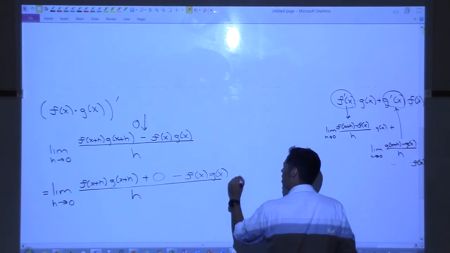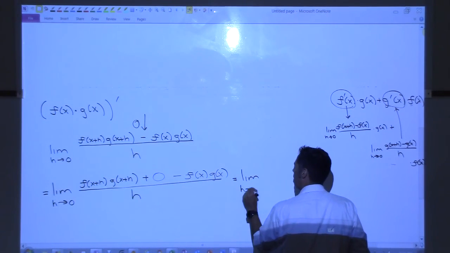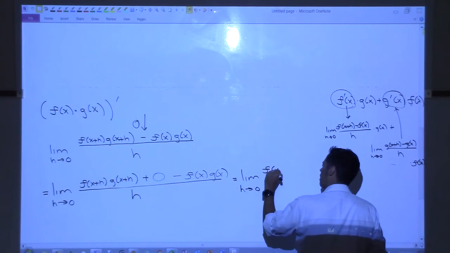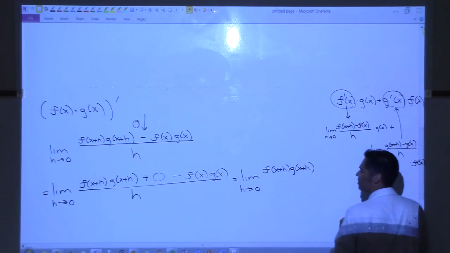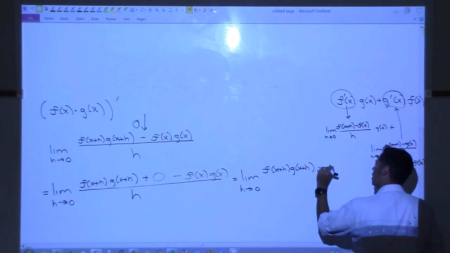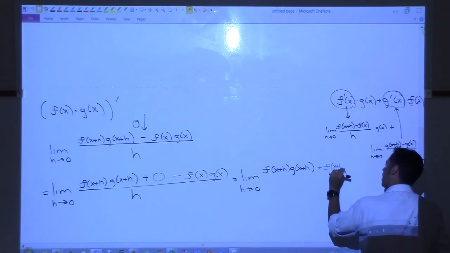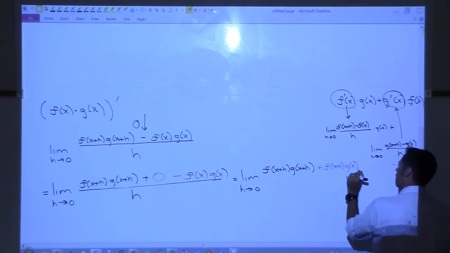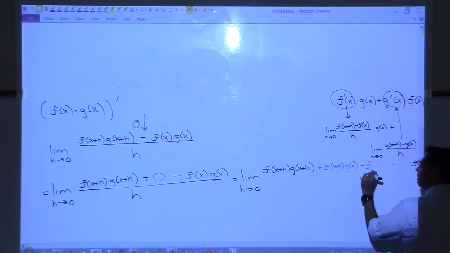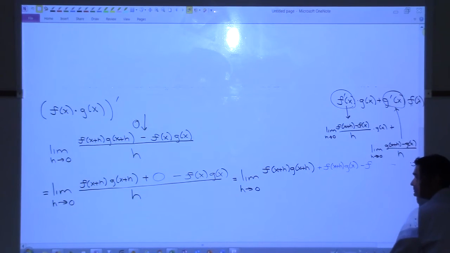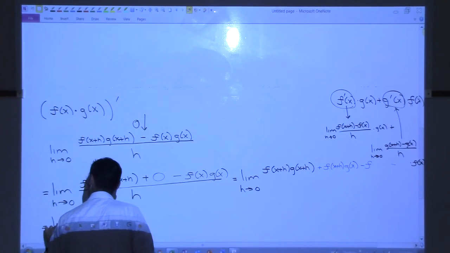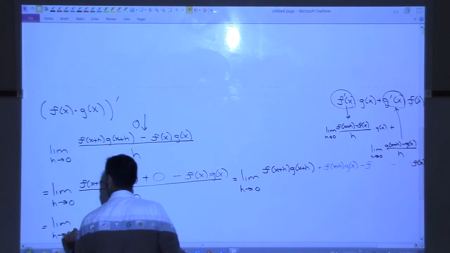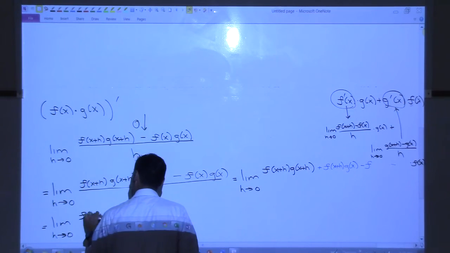So now I'm going to rewrite that 0, but I'm going to rewrite it in a very, very clever way. That 0, I'm going to make it plus f of x plus h times g of x minus... I'm going to run out of room. I'm going to have to rewrite it down here. Limit, h goes to 0. If I seem like I'm rushing, it's because I am.